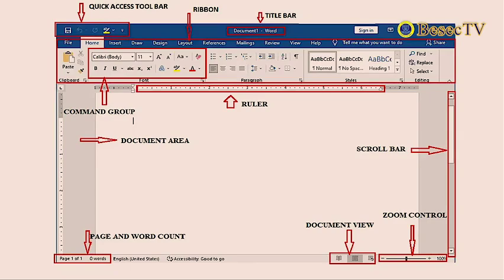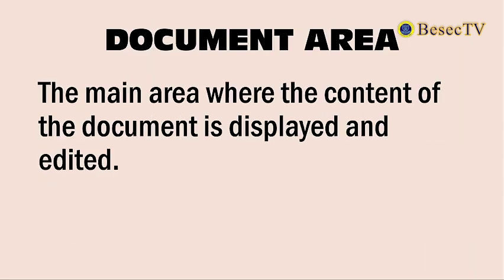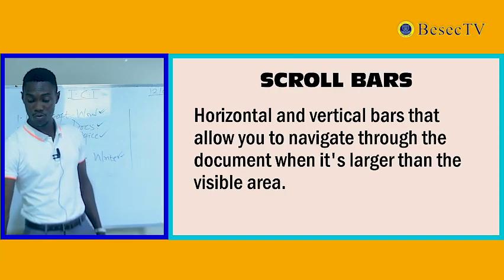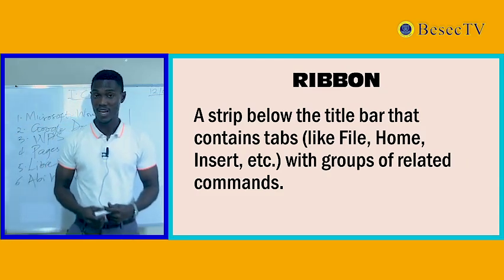We have the file tab, the home tab, the insert tab, the draw tab, layout tab, references, mailings, view, help, and these are the tabs that contain groups of commands that you can switch in between to perform different tasks that you want to perform or different formattings that you want to apply to your document when editing.